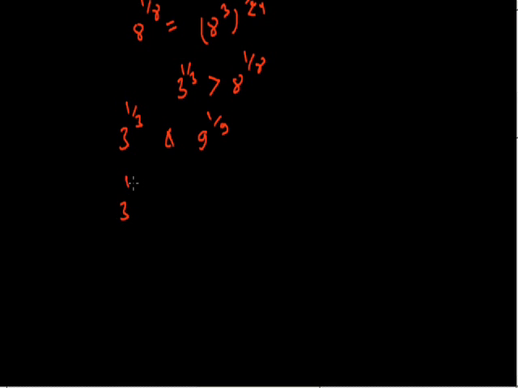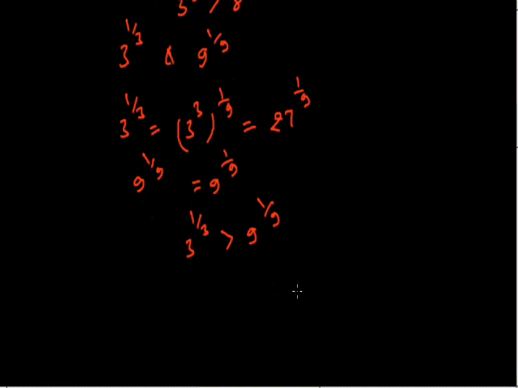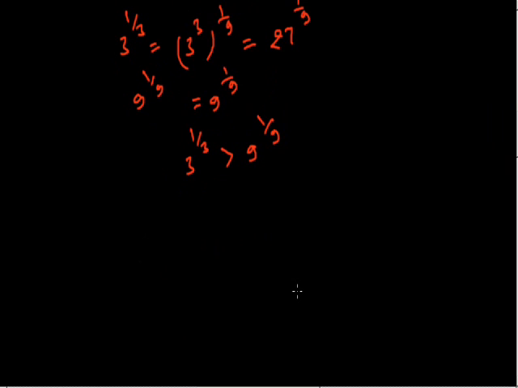So 3^(1/3) can be written as (3^3)^(1/9), which equals 27^(1/9). Comparing it with 9^(1/9), 27^(1/9) is greater than 9^(1/9), so 3^(1/3) is greater than 9^(1/9). So 3^(1/3) is the greatest among all of these values.